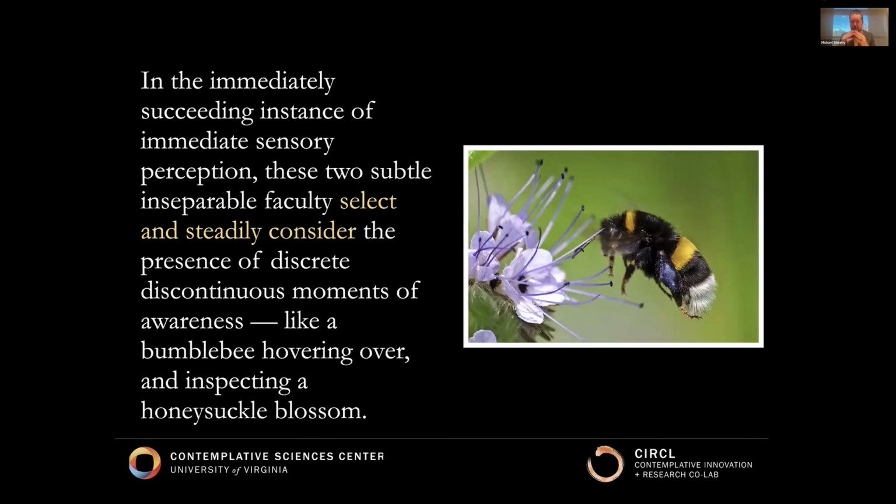That is, at this interactive moment, at the arising of consciousness, these two subtle yet inseparable faculties, selectiveness and discernment, select and steadily consider the presence of discrete, discontinuous moments of awareness. So they're honing in on this discrete moment of awareness, whether it be a thought or a taste or a sight, etc. Like a bumblebee hovering over and inspecting a honeysuckle blossom.